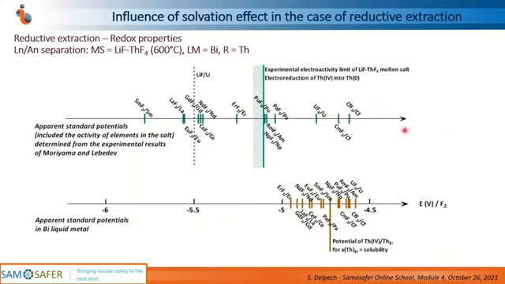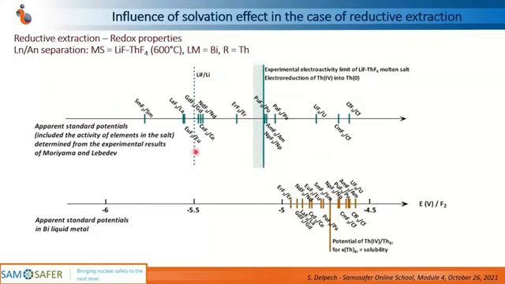When we calculate the potential of the elements, both without considering a liquid metal and considering a liquid metal, we observe that the redox potentials are very different. Here, without liquid metal, we observe the limit of the reduction of thorium fluoride to thorium metal, and we see that we have the reduction of actinides on the right side of this electroactivity limit.